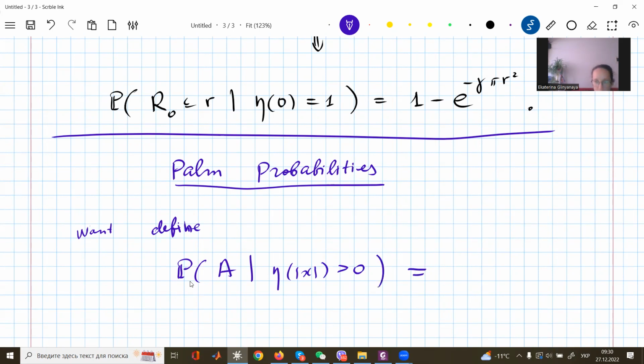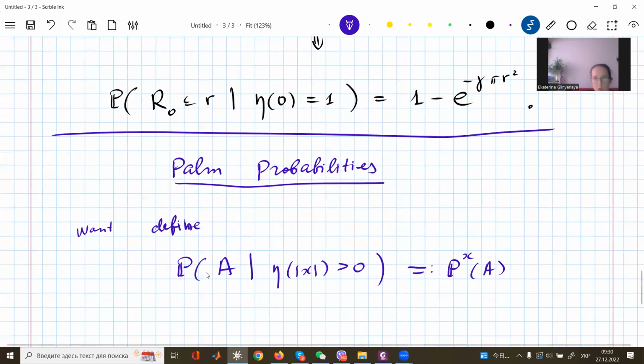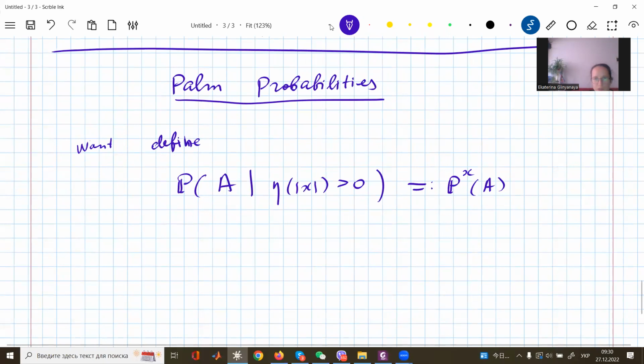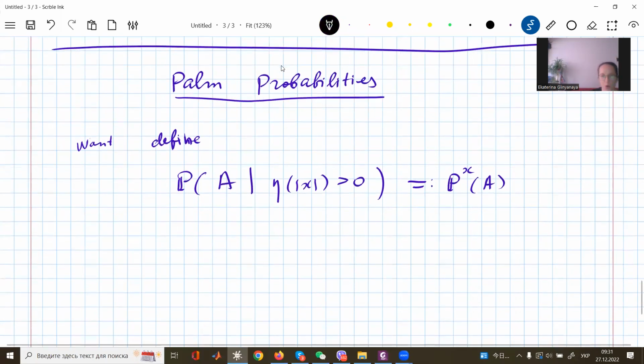How will we know such conditional probabilities, like the probability of A given x? How can we define them in the general case? To do this, we have a technical but rather simple construction. We will do it using so-called Campbell measures.